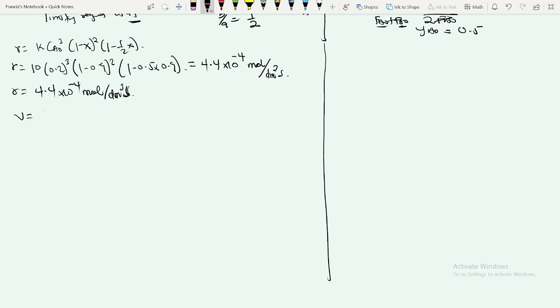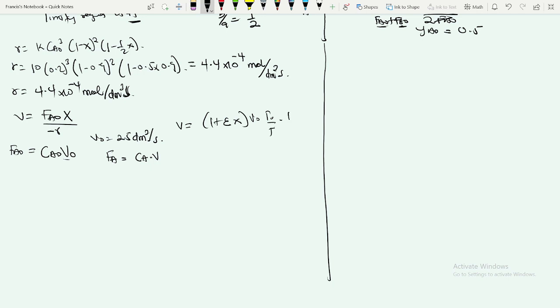Now our volume is equal to FA naught x all over R, which is our rate. We need our FA naught, which is equal to the initial concentration times our initial volumetric flow rate. We are given our initial volumetric flow rate to be 25 dm cube per second. Because you are dealing with gases, if you had wanted to find FA, then FA would have been CA times V, not V naught. To find V we would have used (1 plus epsilon x) V naught T naught over T times P over P naught.